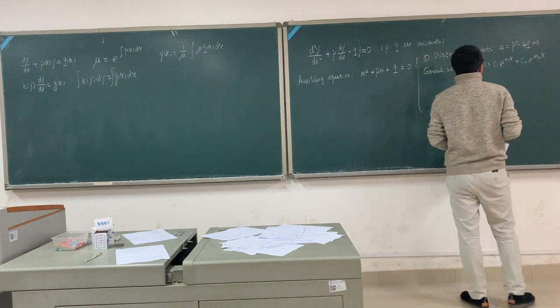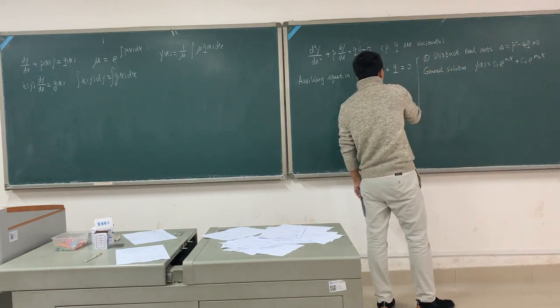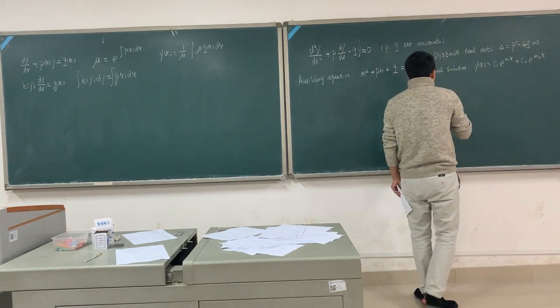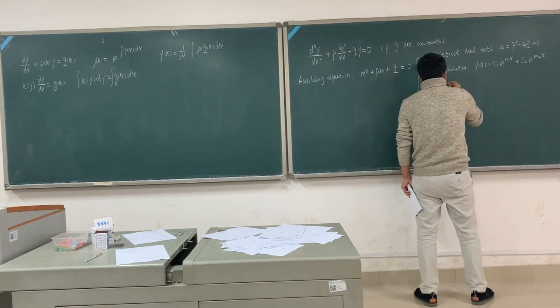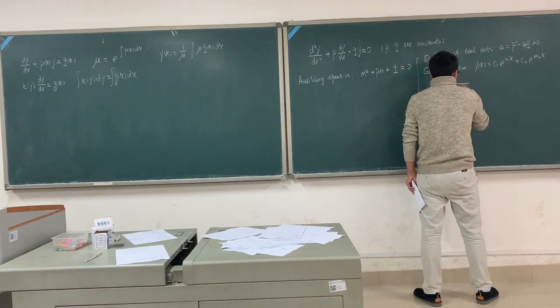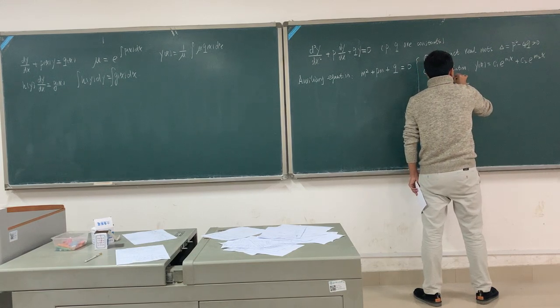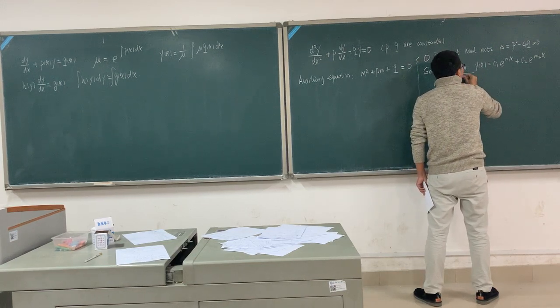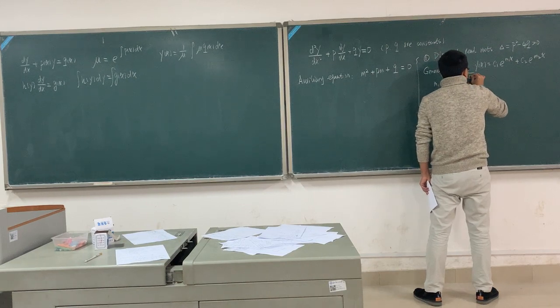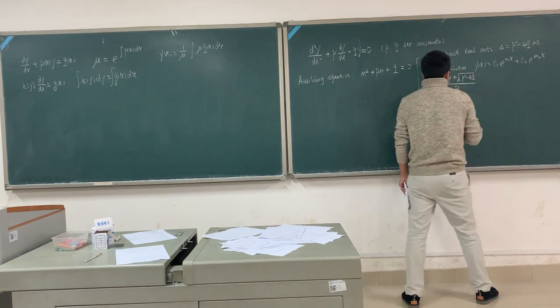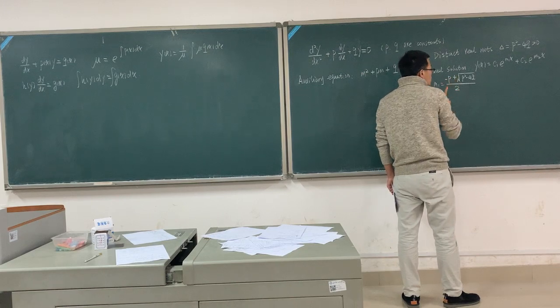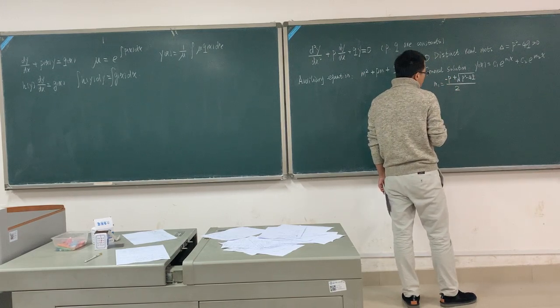Here m1, m2 are the distinct real roots. So m1 equal to minus p plus the square root of p squared minus 4q, all by 2.